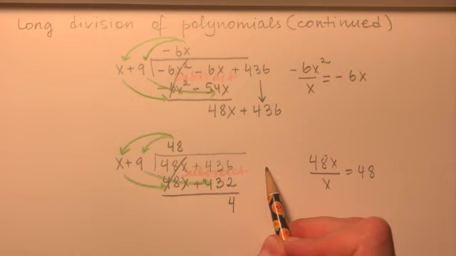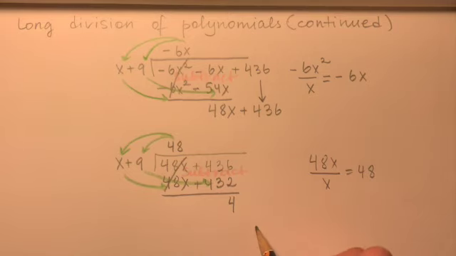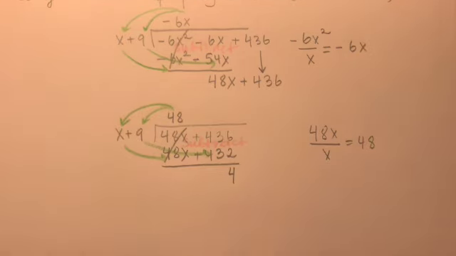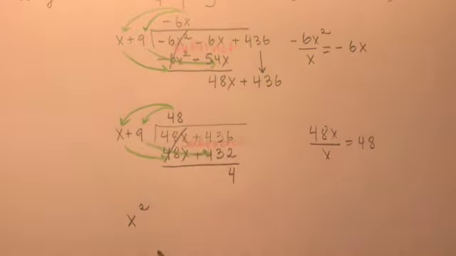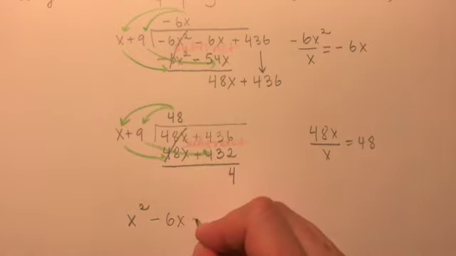So now it's time to write the answer. Now remember, our first result of the very first division was x squared. The second term that we have at the top of the box is negative 6x. The third term that we have at the top of the box is positive 48.